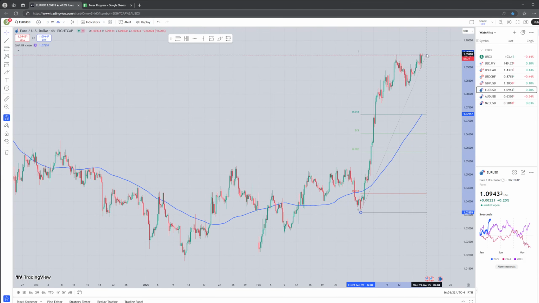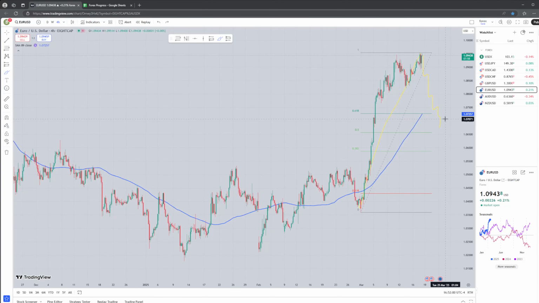Okay, Euro USD. So here we have the huge up leg like this, and of course we don't expect the market to demonstrate a Fibonacci extension from this big leg. So if the market retraces into the 50% zone here, then I would buy Euro USD for a risk and reward ratio 1-to-1 trade opportunity.